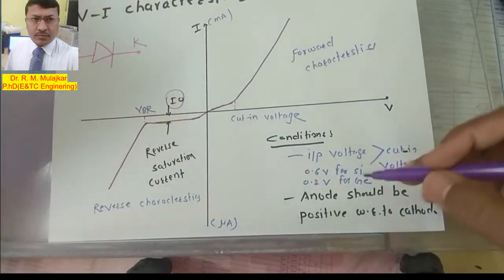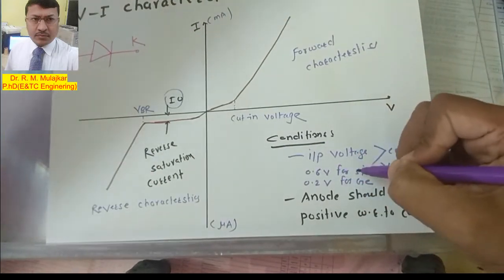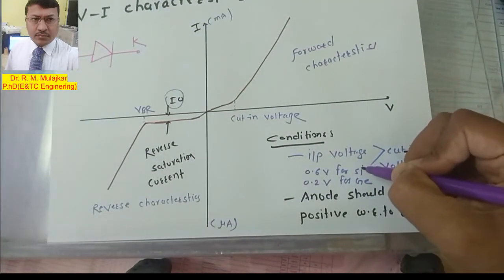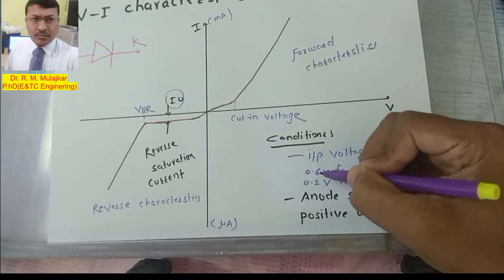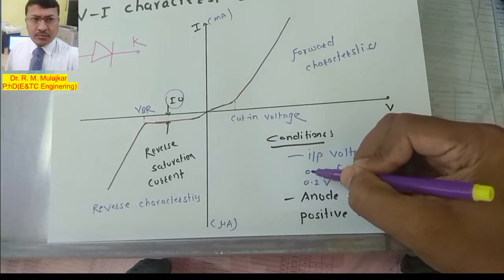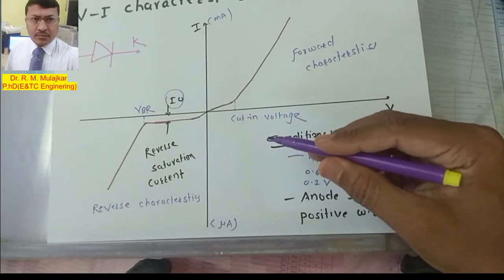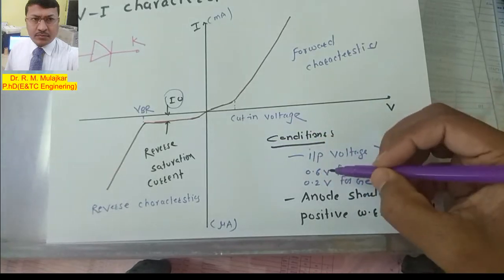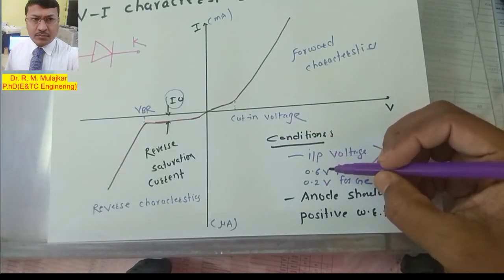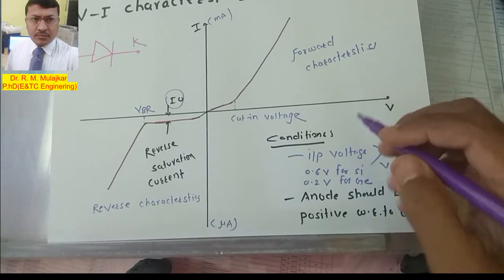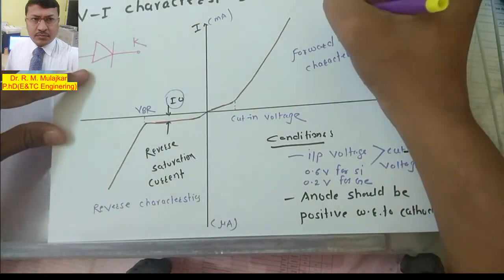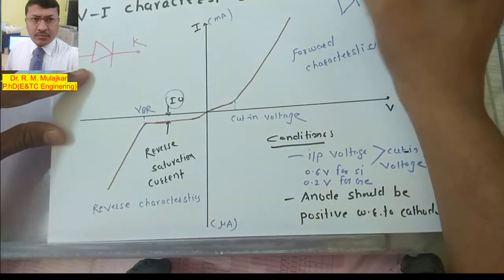Now suppose a diode is constructed using silicon, and I have applied an input voltage of 0.3 volt at the anode, with the anode kept positive with respect to the cathode. Then the diode will not conduct. Very important to remember this.